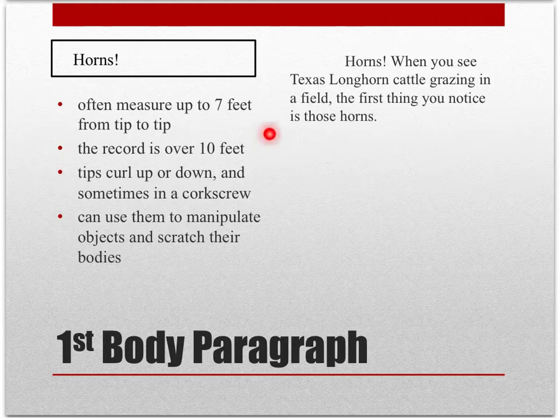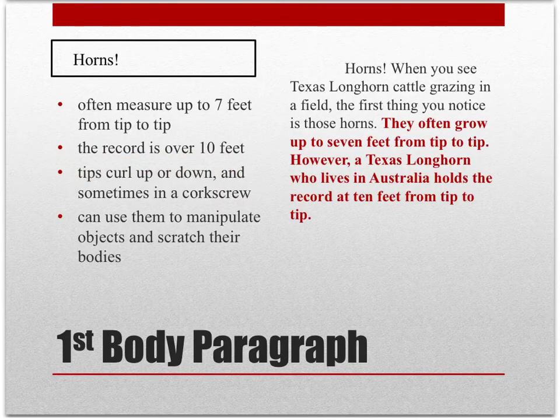Now I have 4 bullet points, 4 supporting details that will become my detailed sentences to prove that these horns really are noteworthy. In this case, the first 2 bullet points are closely related, so I think I'll work on those 2 together. The bullet points are not complete sentences, so I rewrite them in complete sentences.